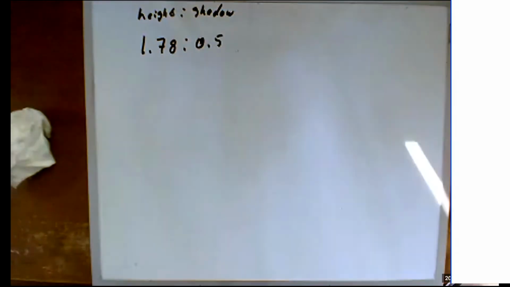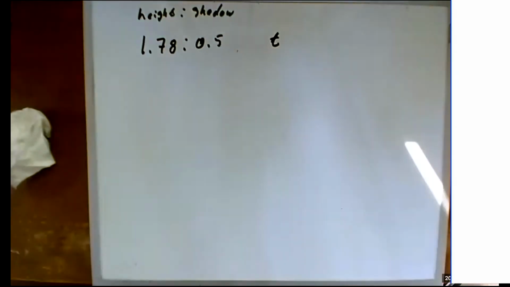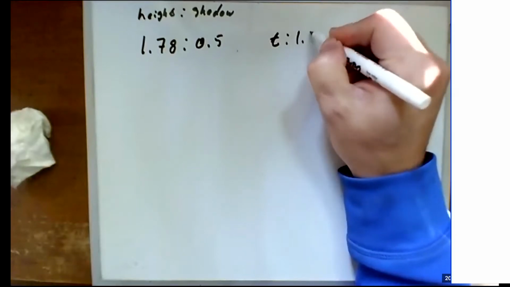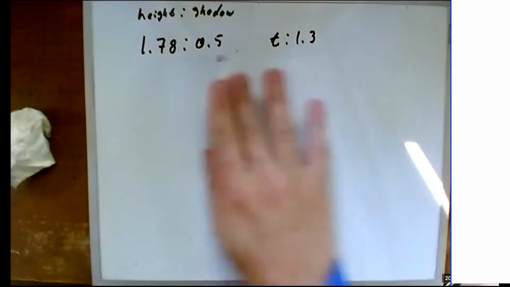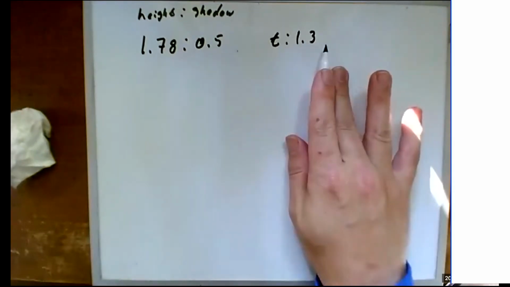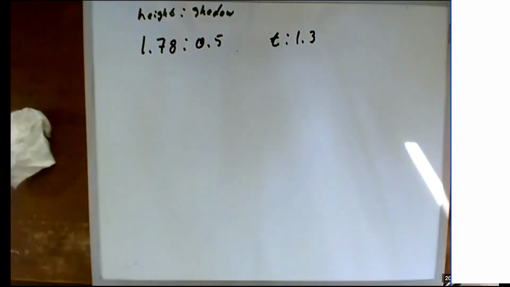And the reason that I'm writing it out like that is so that we're doing the exact same thing with our other ratio. We have a tree. We don't know the height of it. So I'll call it T because I don't know what it is. But I know its shadow length is 1.3 meters. So I have to make sure that the shadow lengths are both on the right hand side, so that our actual heights are on the left hand side. Now I've got equivalent ratios and I can set up my equivalent fractions.